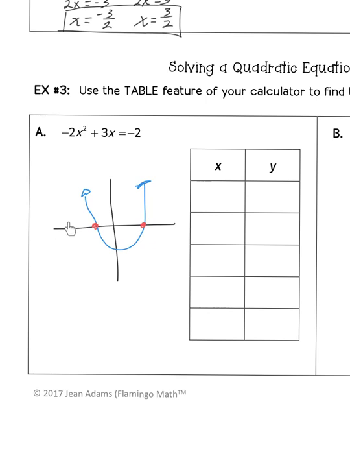As we move from the left to the right, the parabola is going up, down, down, back up again. To the left of this 0, the y values here are positive. In other words, all of these to the left. So if I chose an x value over here, the y value is going to be somewhere up here.